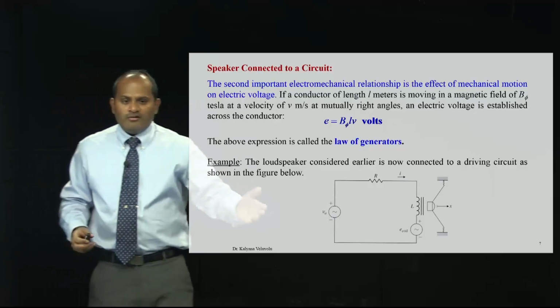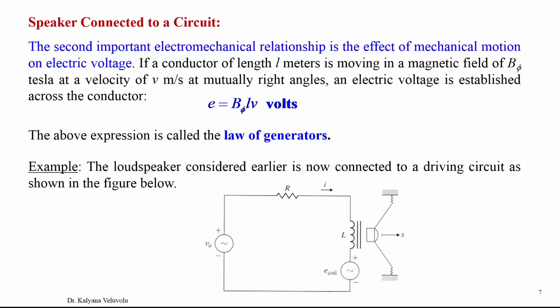What we are looking at here is a nice electrical circuit: the input voltage VA, resistance R, inductor current I, inductance L, and we have E coil, which I am going to explain, and then they are connected to the speaker.